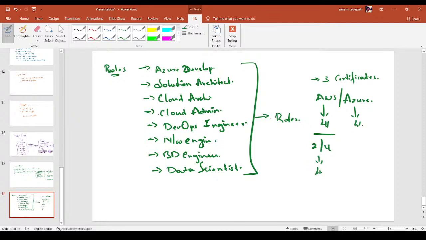These 4 are enough to get into a job, because with this basic level introduction, you will get a perfect job interview. That means you are ready to get into a job related to cloud computing.